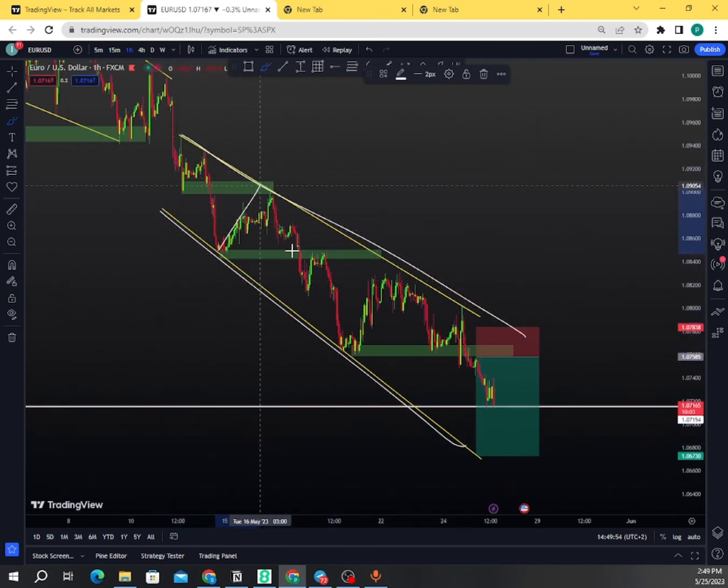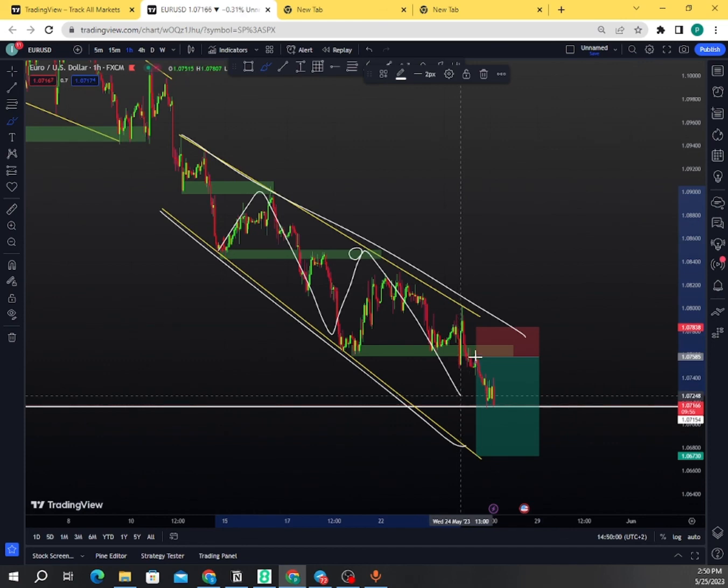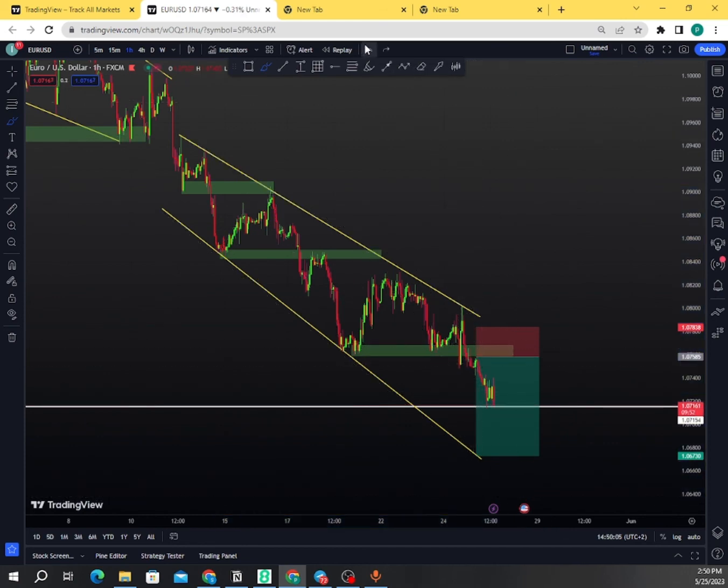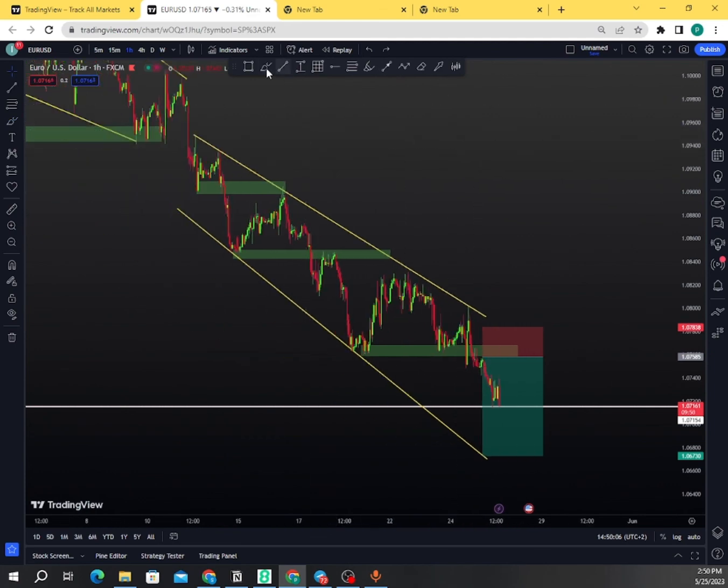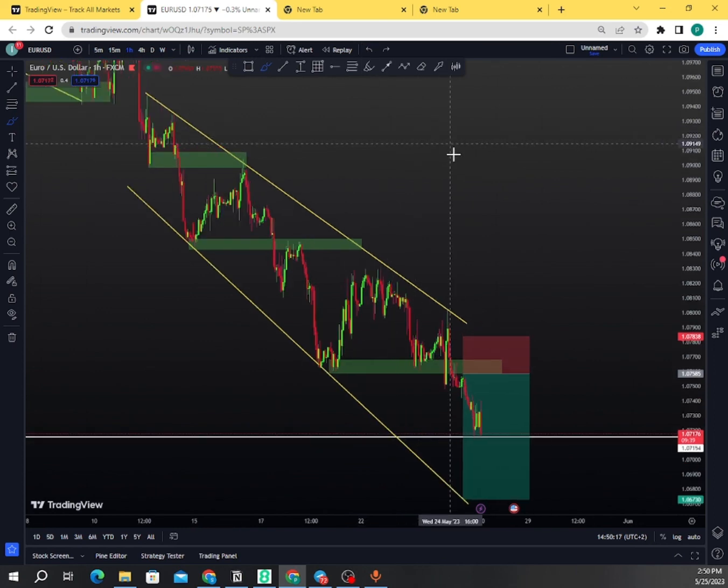Price was breaking support, turning that support into a new resistance, breaking support, turning it into a new resistance. And then, guys, I had my first touch here, second touch here, third touch here, and also my fourth touch here, confirming that price is moving in a bearish trend.